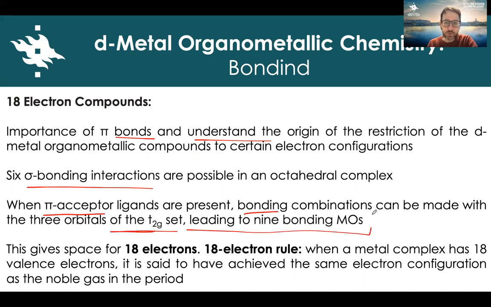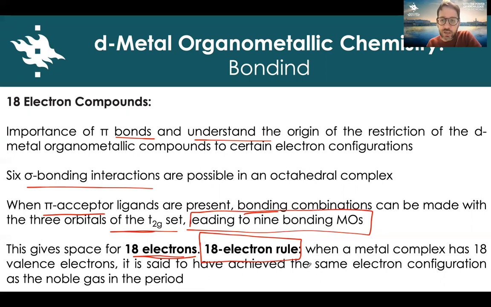This leads to a total of 9 bonding molecular orbitals, which gives space to 18 electrons. So the 18 electron rule comes from the availability of 9 bonding molecular orbitals that come from the sigma and pi interactions in octahedral complexes, for example.